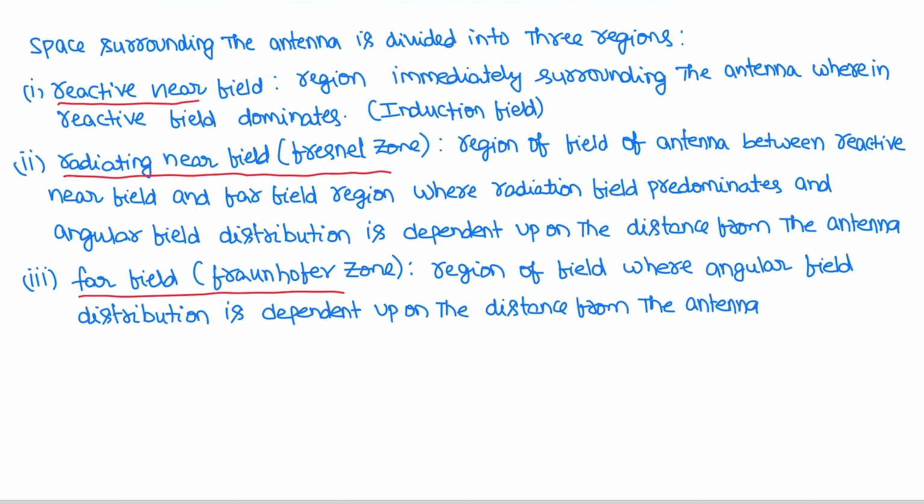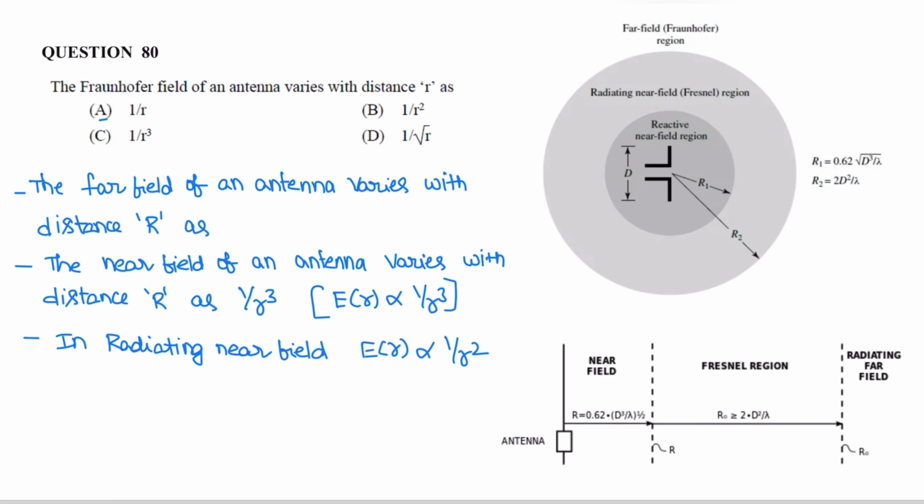In the radiating near field, the angular distribution depends on the distance from the antenna, whereas in the far field the angular distribution is independent of distance.